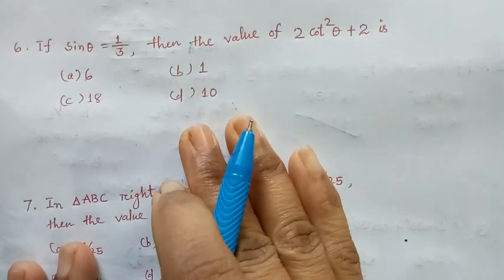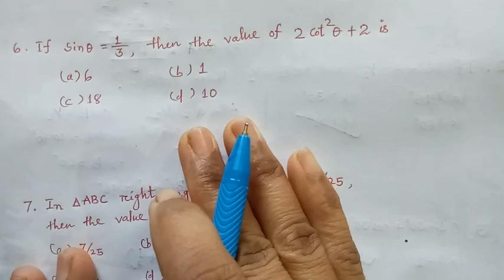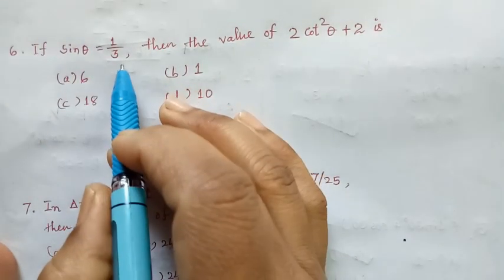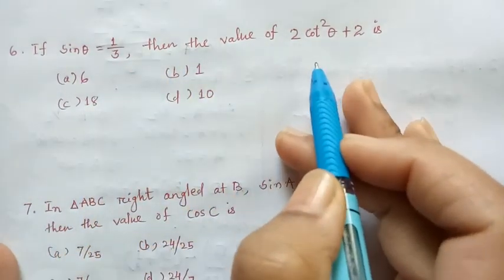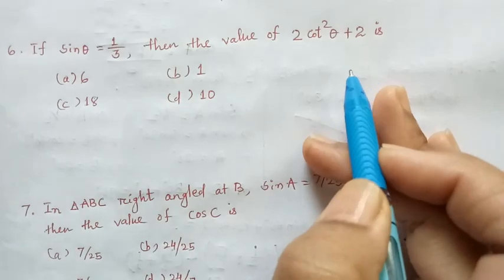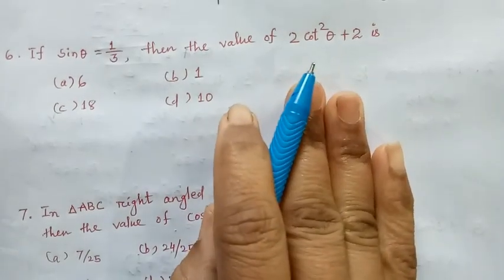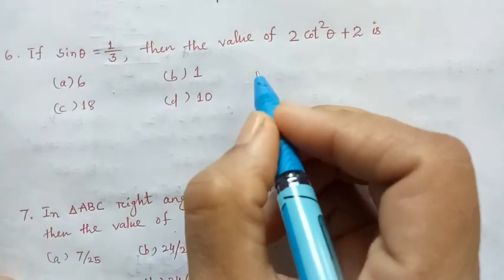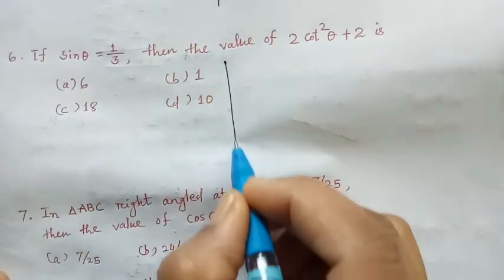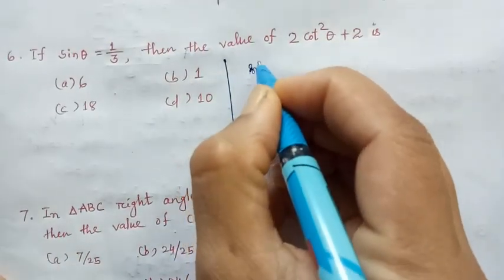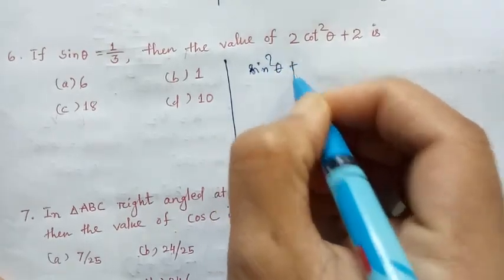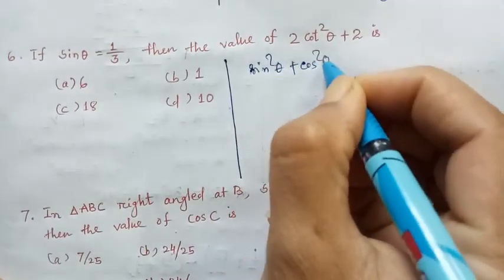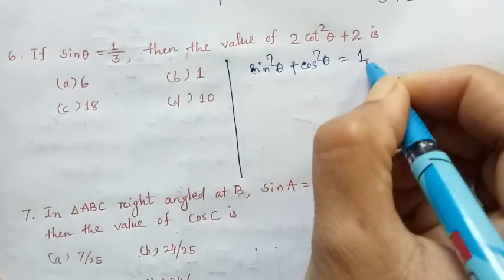Next, if sin theta is equal to 1 by 3, then the value of 2 cot square theta plus 2 is how much? Okay, sin theta is equal to 1 by 3. So sin square theta plus cos square theta is equal to 1.